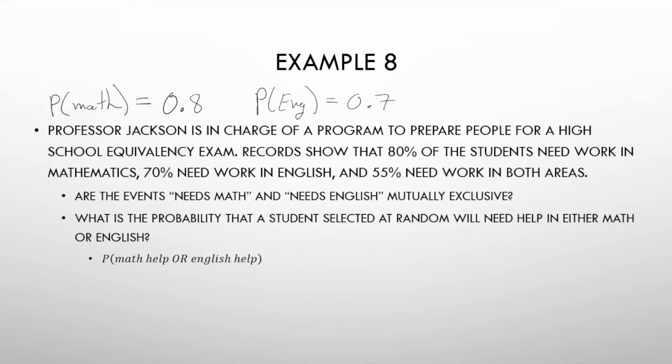And then it says probability of both. So remember, the word both is synonymous for the word and. Just like when we did all those candy problems where I said that it contains both, you should know by this point that when you see the word both, that's an and probability. So here for the probability of math and English, we're told that that is 0.55.